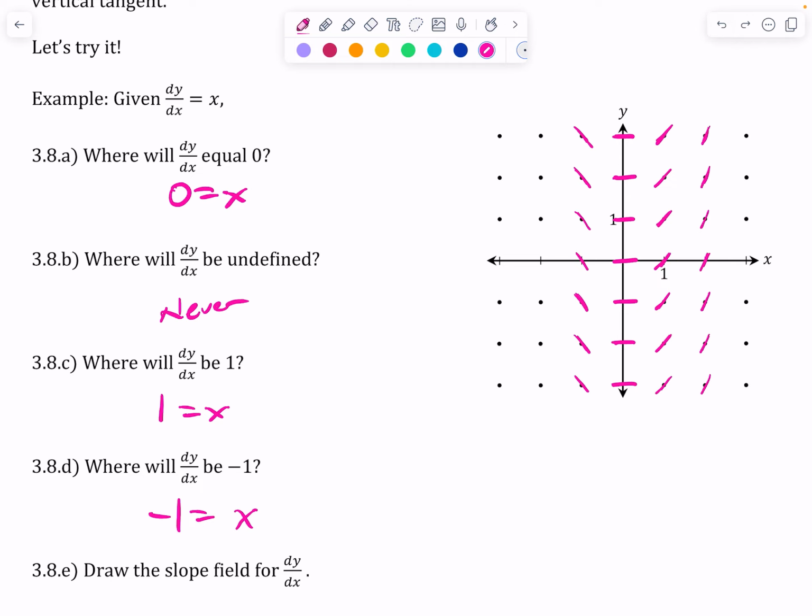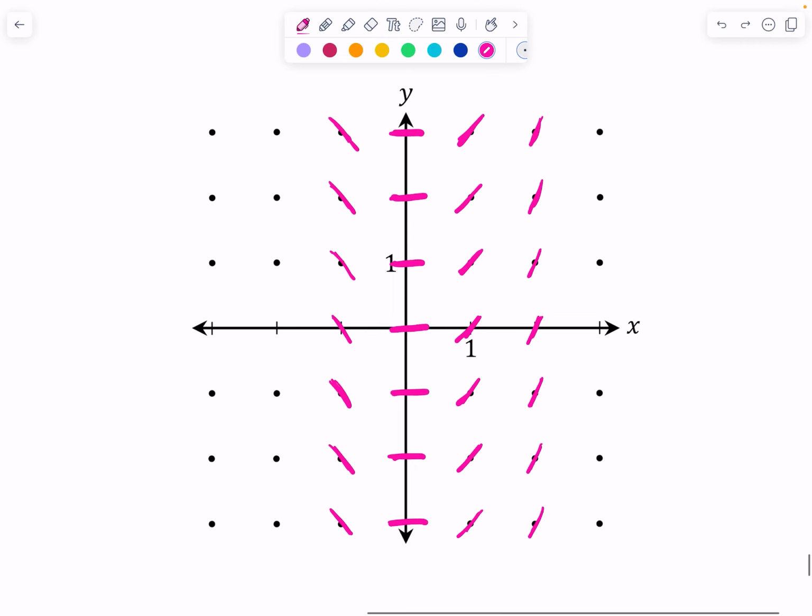Similarly, when x is 3, the slope is 3. So going into this right side, it gets even steeper. We can see that slight change as we move further and further along. Similarly, on the left side, when x is negative 2, the slope dy/dx is negative 2. So we draw little segments with slopes of negative 2.